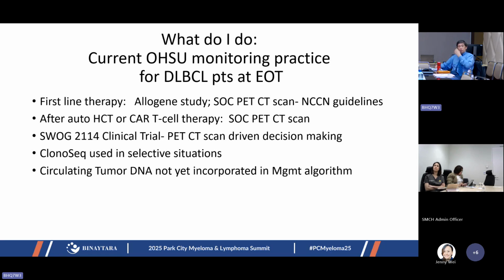We are using clone-seq in selective situations. This is new data for us; we have not yet adopted circulating tumor DNA. We now know how to order it for the phase ed assay, but we expect they will be moving this forward to monitor patients longitudinally.